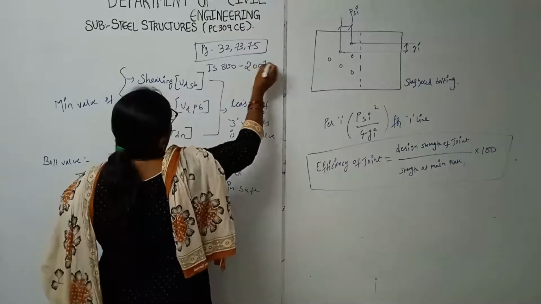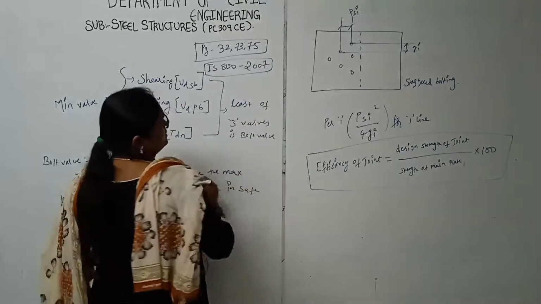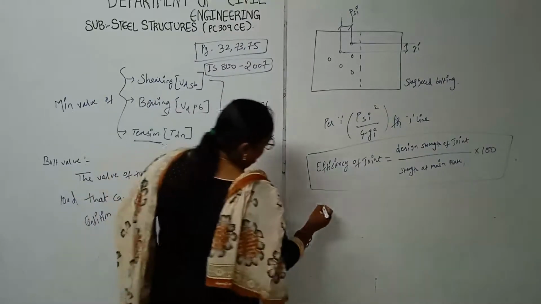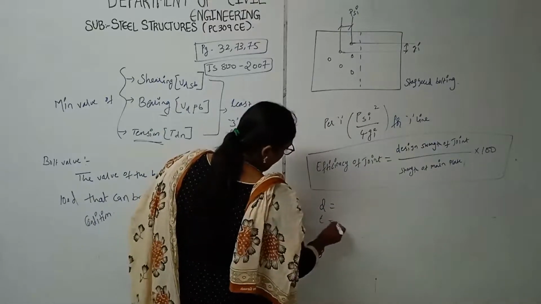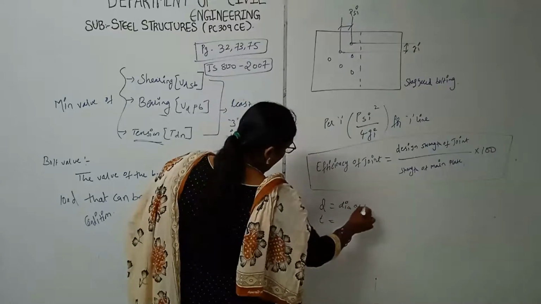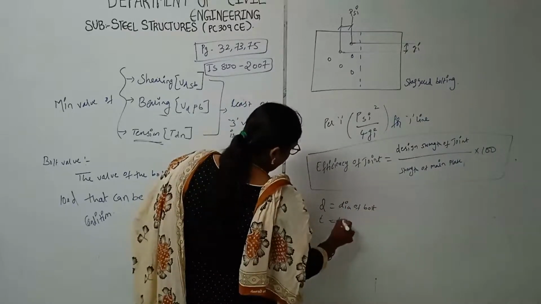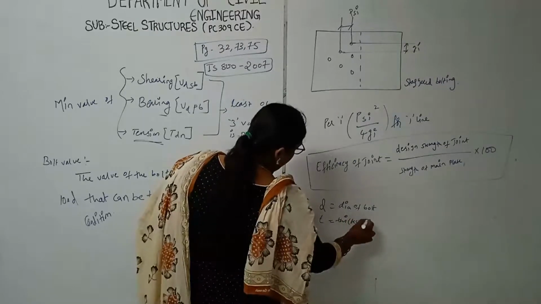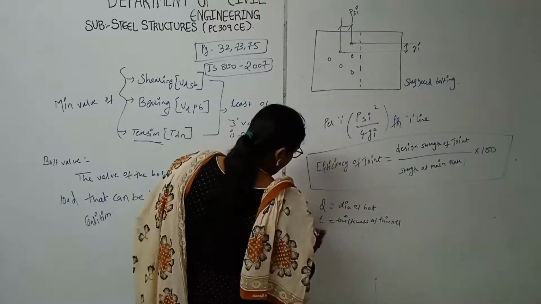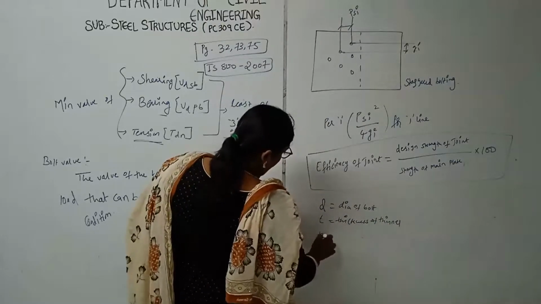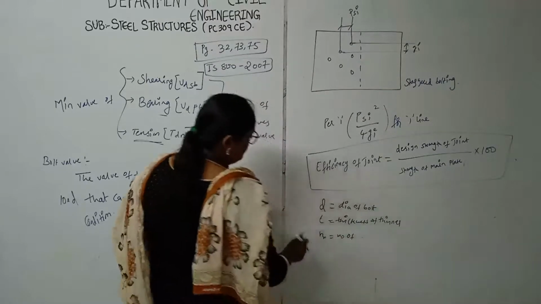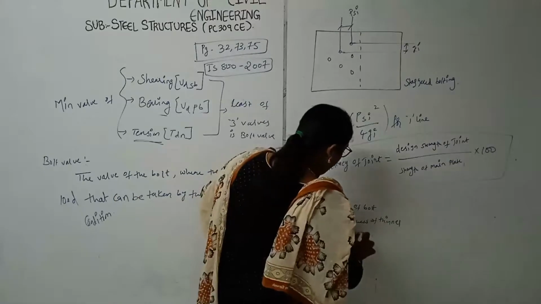In this we are using the short terms: one is D, one is T. D is dia of the bolt, T is thickness of the thinner plate, N is number of shear planes.